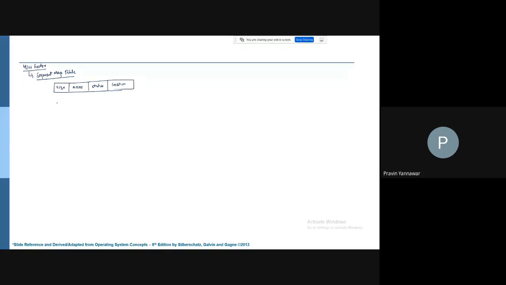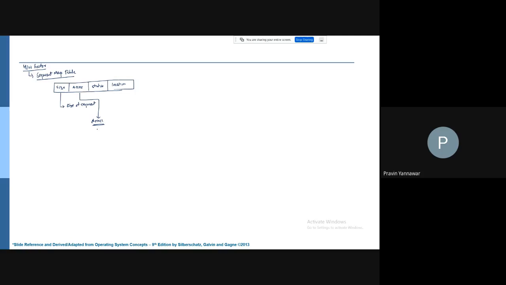Now if you look at size, size is nothing but the size of the segment. Now if you look at the access, you'll find that there are 3 attributes, right? So what are those? Meaning what rights that particular segment is going to carry.